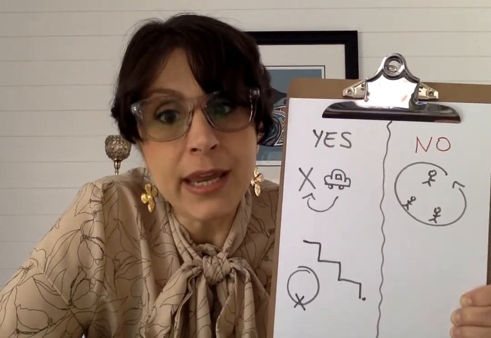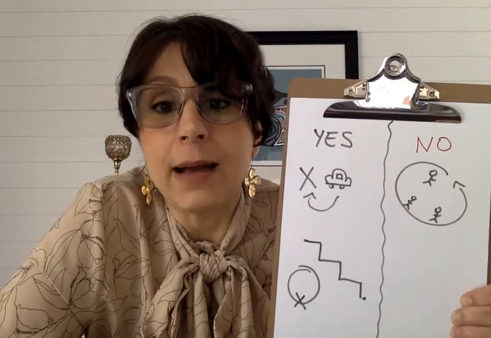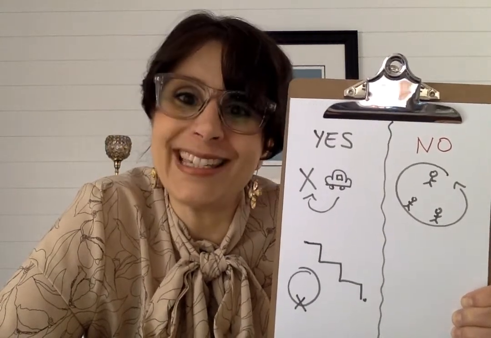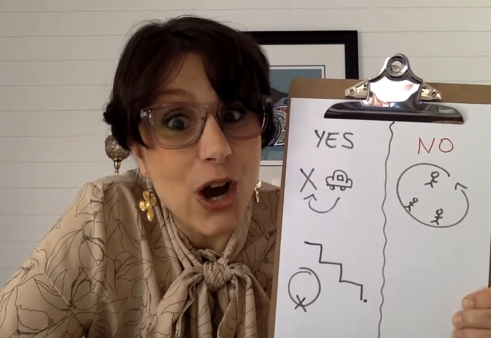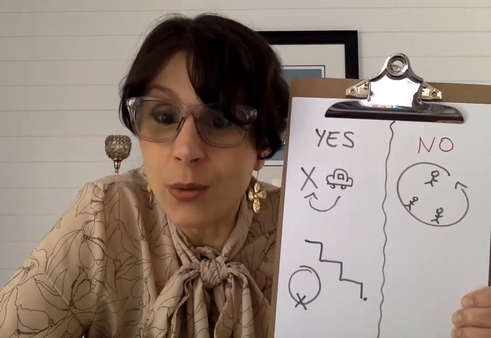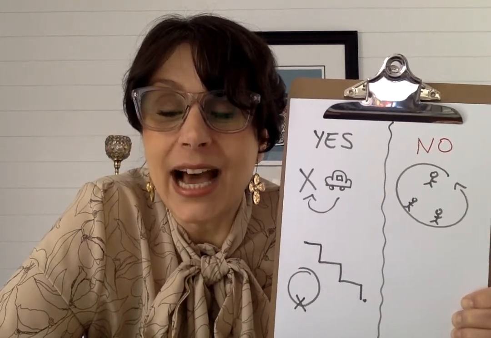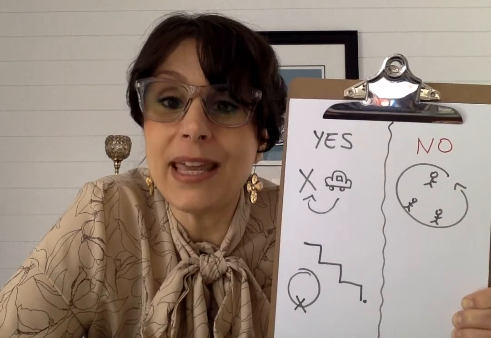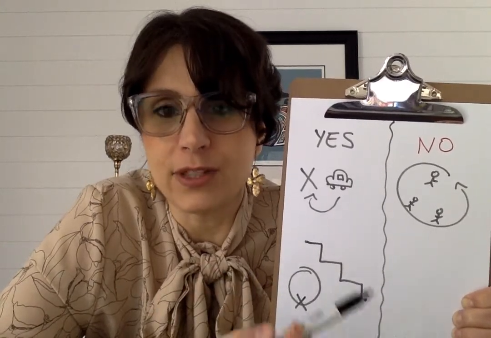So we want to make sure that we are using words that Tommy is interested in, that we're making eye contact with Tommy while we are teaching in the circle, and making sure that we're including him in the conversation, even though he's sitting slightly outside of the circle.